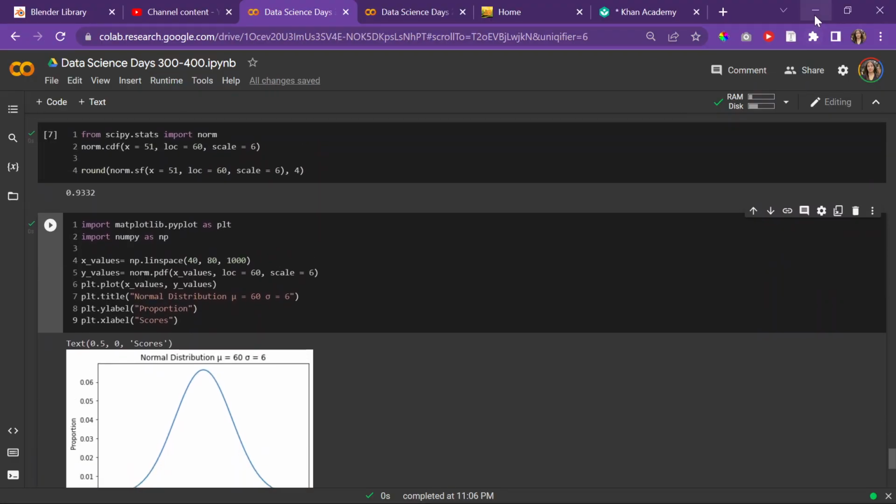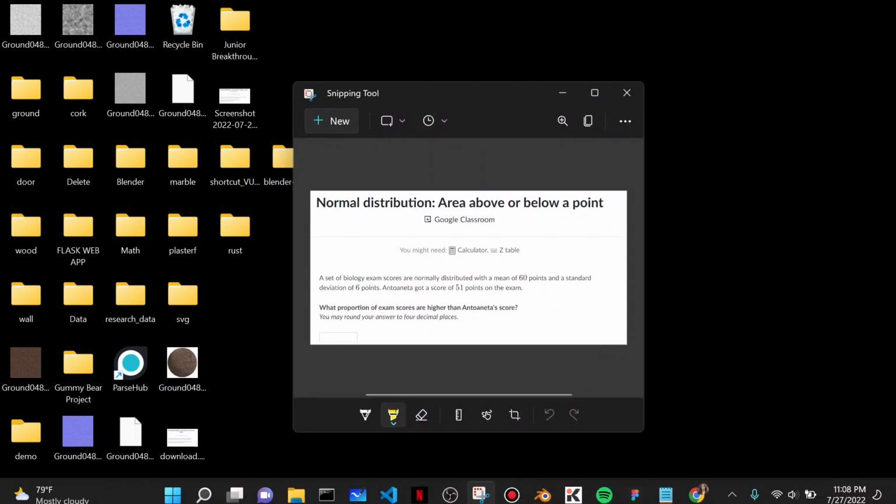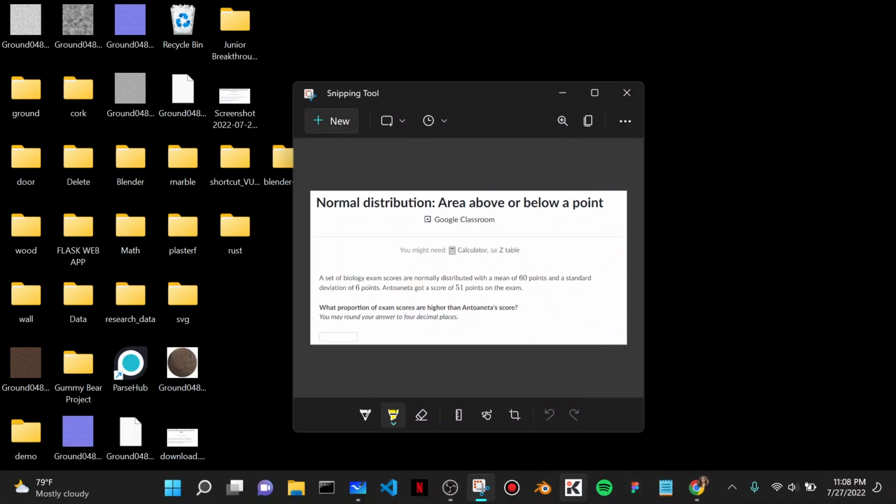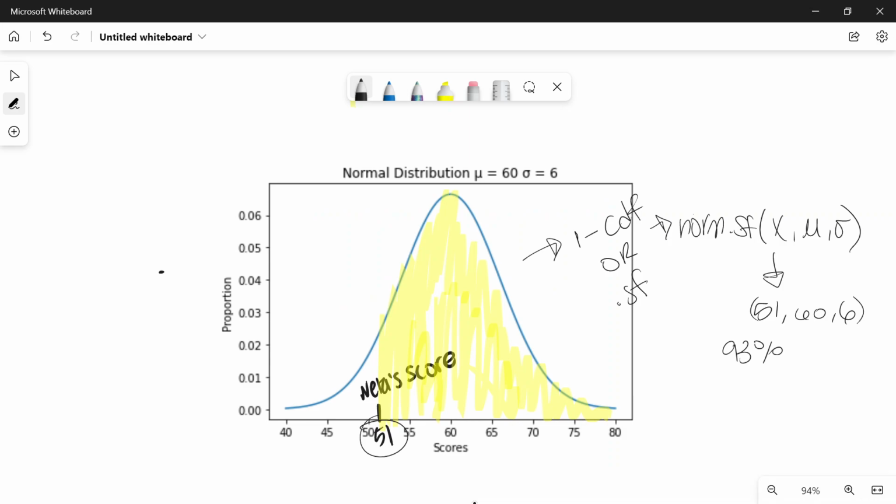Yeah, 93%, 93.32. That was basically it. So 93.32% of the students scored higher than Neta.